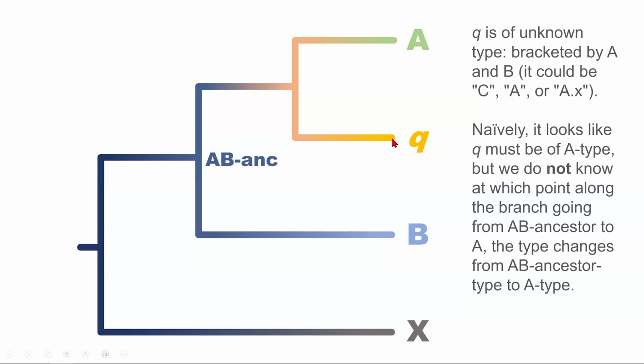So it could mean that maybe A is actually bigger, so Q is simply also an A. It could mean it's a subtype of A, which may be called AX, A.X, or it could be a completely new subtype C. We don't know at this point. But that's something the user should be warned about if it happens. We shouldn't just say it's A, because the naive assumption is that it's just another A, but it's not necessarily true.